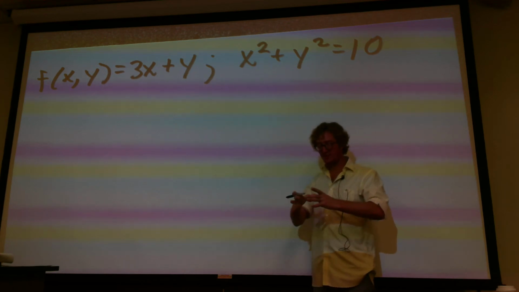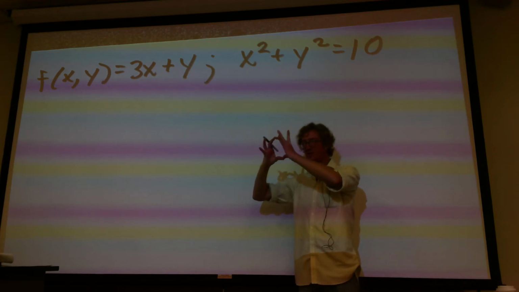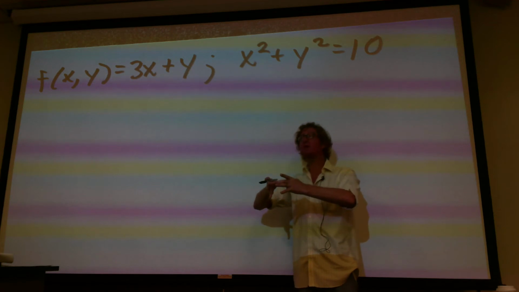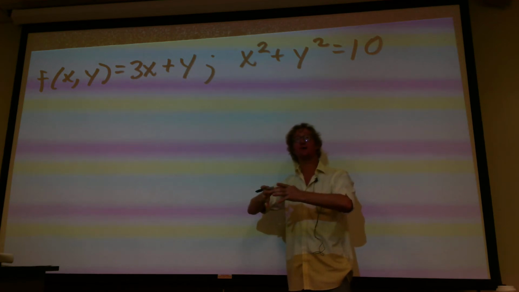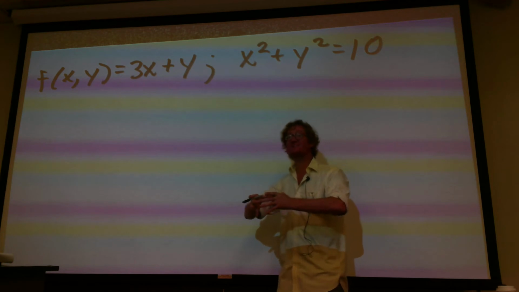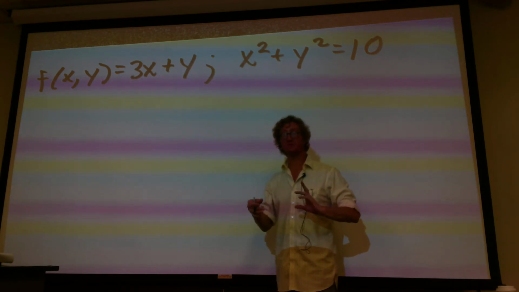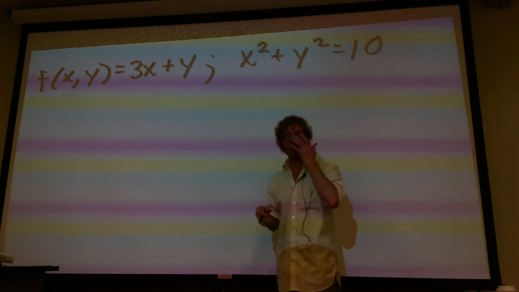The projection onto the xy plane is going to be a circle, but then it's free in the z variable. So this is actually a cylinder, but not a filled-in cylinder. It's an empty cylinder, an infinitely thin cylinder.